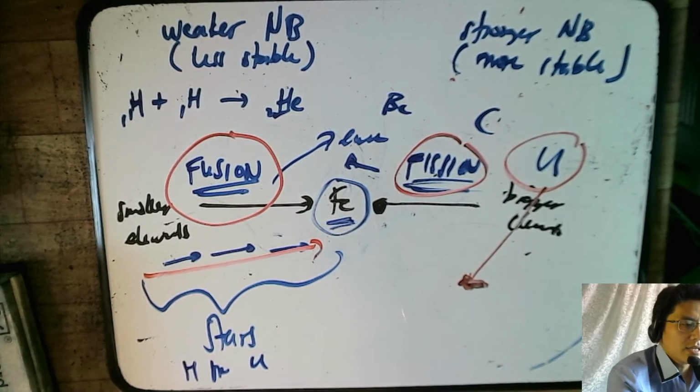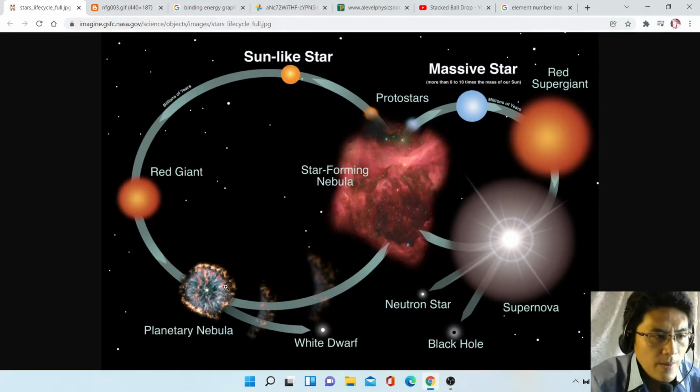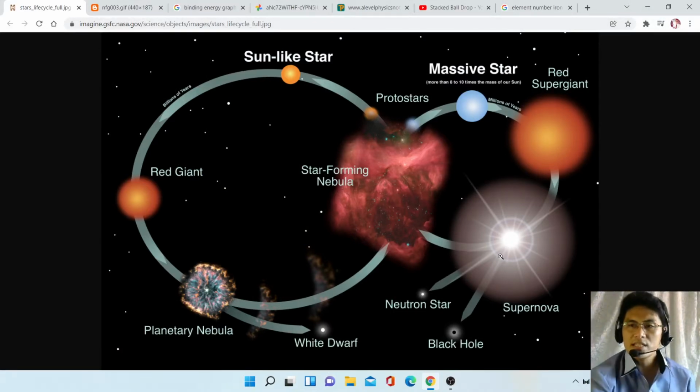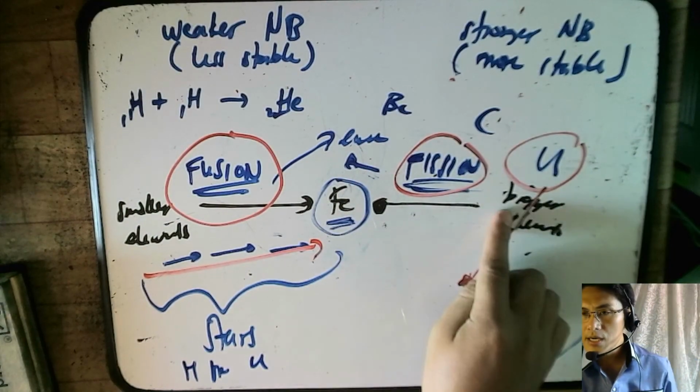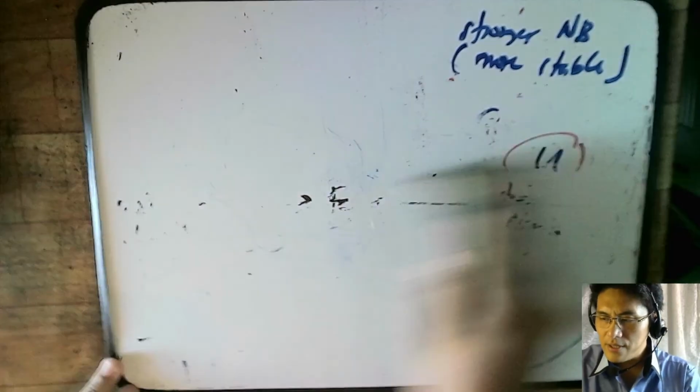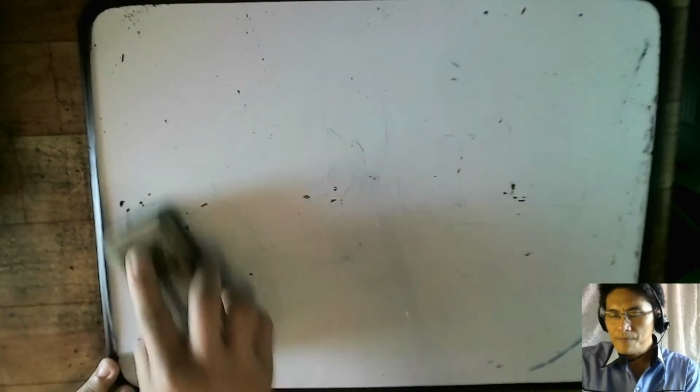So here in the life cycle, remember, you create a supernova explosion in some cases, and this supernova explosion creates higher energy that it can fuse small iron. It can fuse iron into bigger elements. Okay, so let me get that straight because I know it's a little bit confusing.